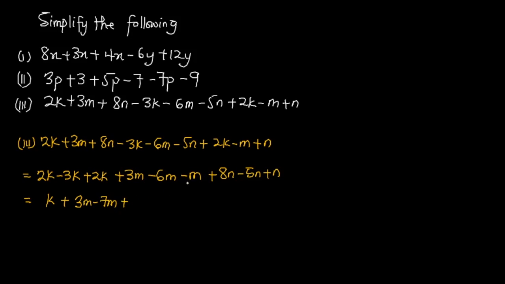Then we have 8n plus n will give us 9n, so 9n minus 5n will give us plus 4n. So our answer for the last expression is k minus 4m plus 4n.